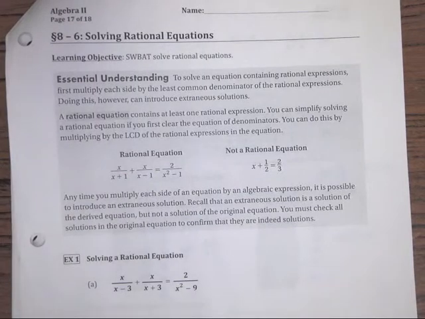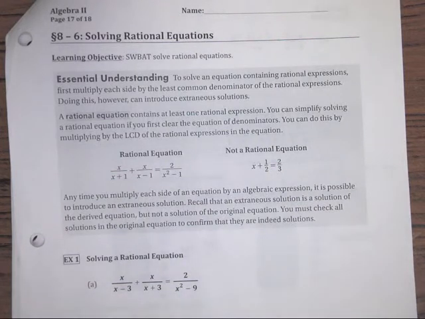And we do have a strategy that we can use for solving rational equations. But I need to tell you that one of the things that can potentially occur when you're solving a rational equation is that you can get extraneous solutions. As we've gone through various techniques this year, we've come across other processes that have created extraneous solutions.